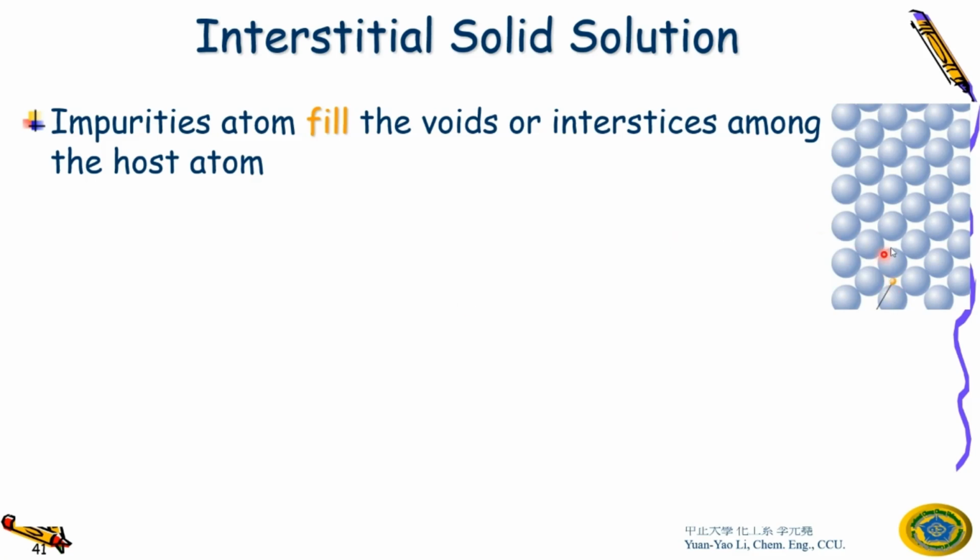So instead of replacing the original atom, the interstitial atom will be between the atoms, right?